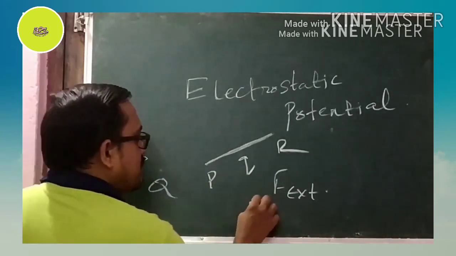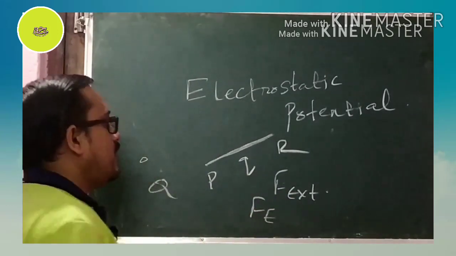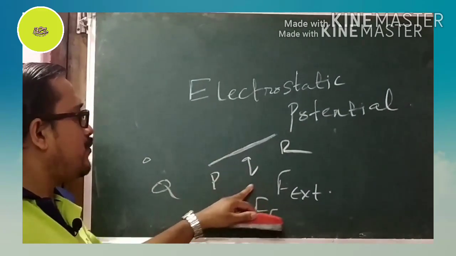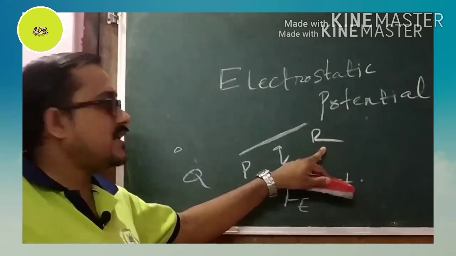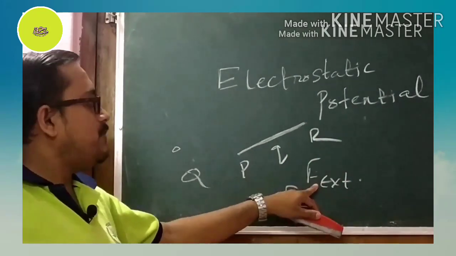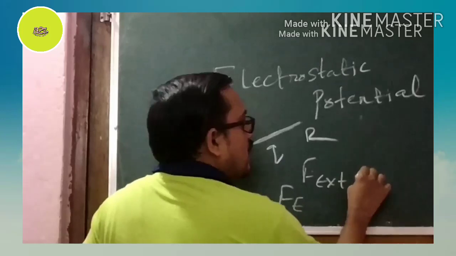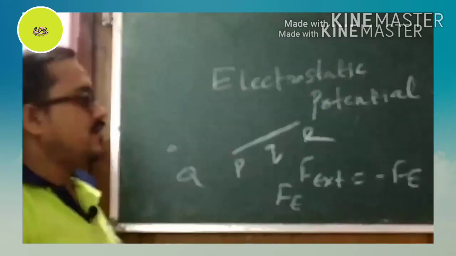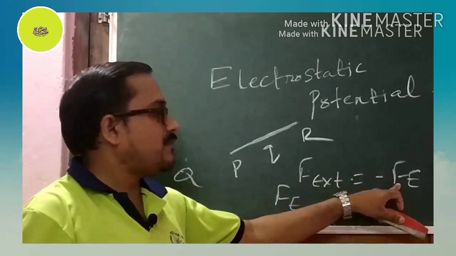This is represented as the electrostatic force Fe. When we are bringing the charge from point R to P, the external force must counterbalance the electrostatic force, so F external should be equal to minus Fe.